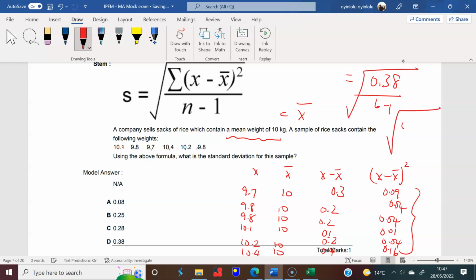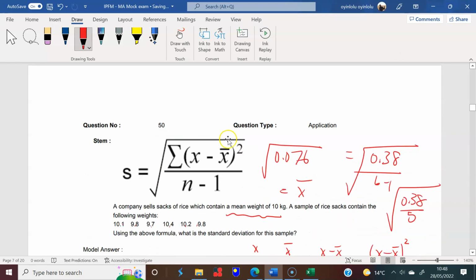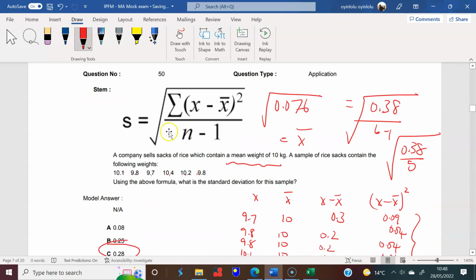So the root of 0.38 over 5. 0.38 divided by 5 is 0.076, and the root of that is 0.2756, which is close to 0.28. That's the standard deviation. So just plug in all those figures and you will arrive at the answer. And that is the end of that batch of questions. That was question 50.